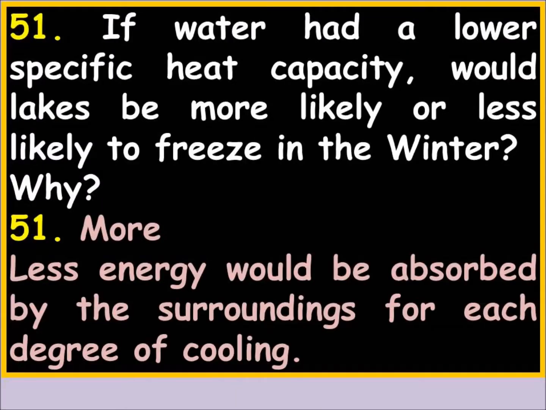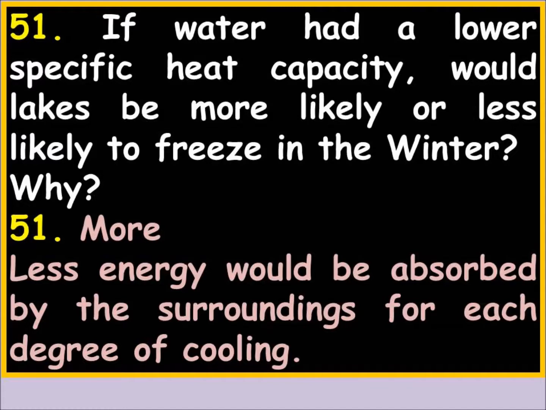If water had a lower specific heat capacity, would lakes be more likely or less likely to freeze in the winter, and why? More likely, less energy would be absorbed by the surroundings for each degree of cooling. Because let's say the water, instead of 1 calorie per gram degree Celsius, is 0.1.